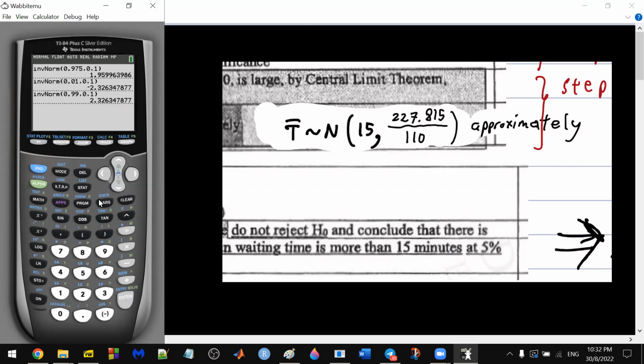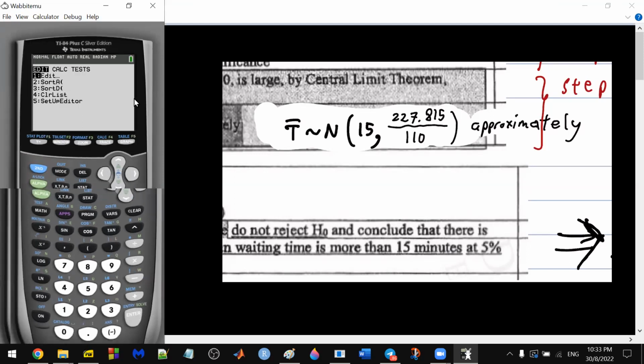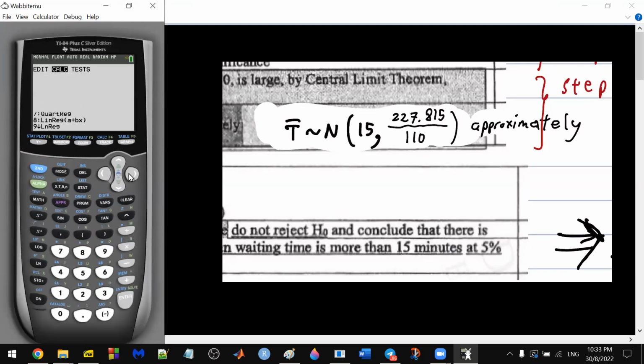Oh, hold on. What did I do wrongly? Oh no, what happened? Can you see? Do you know what I did wrongly?